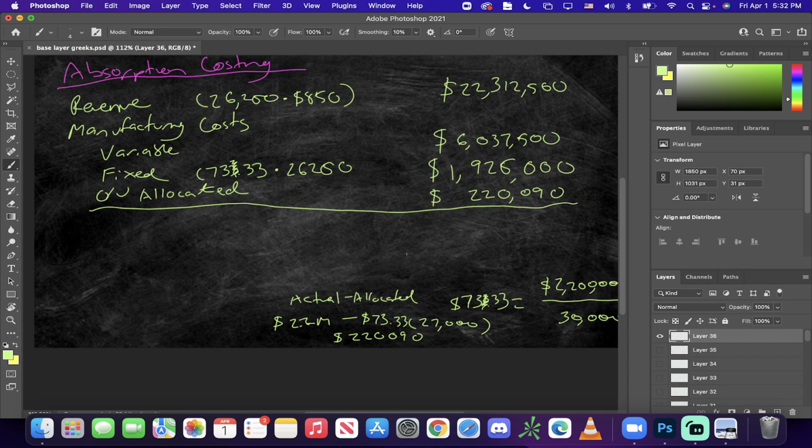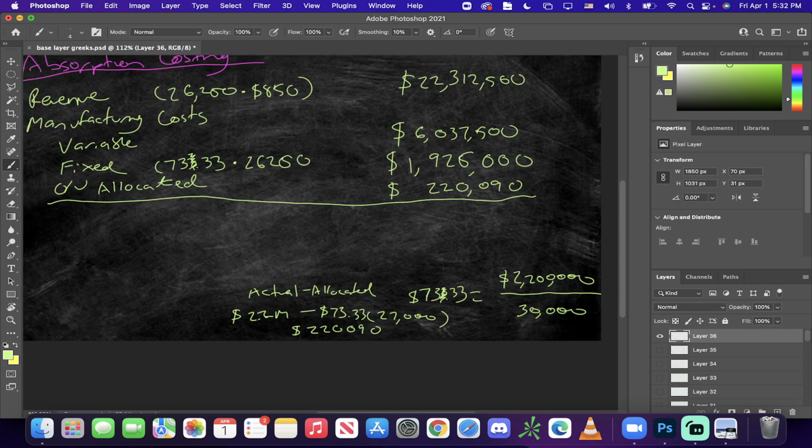On the flashcard, for the manufacturing fixed one, you wrote manufacturing fixed costs over planned units times units sold. So would that be the 2.2 million over 27,000 times 26,250? Well, read the formula one more time.